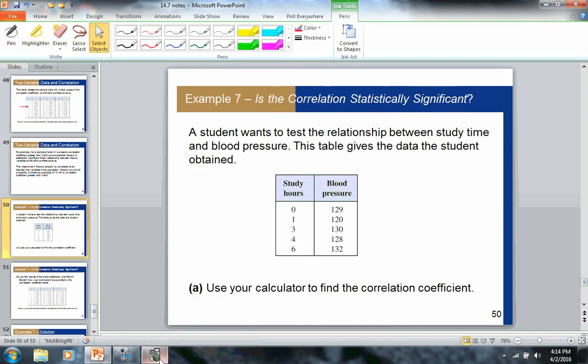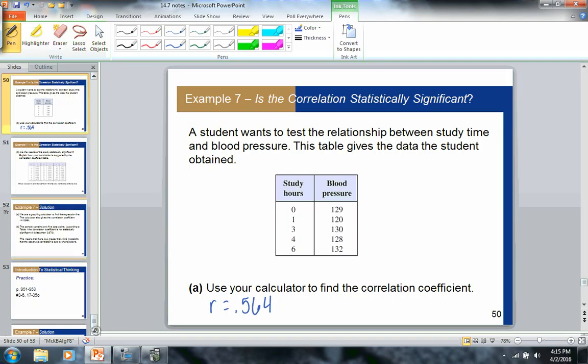So I'm going to go back here now, and I'm going to type in or write in my value. So R equals 0.564.